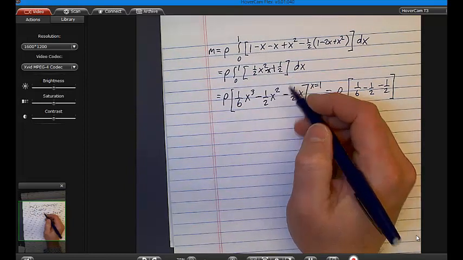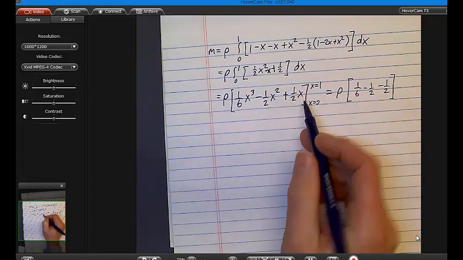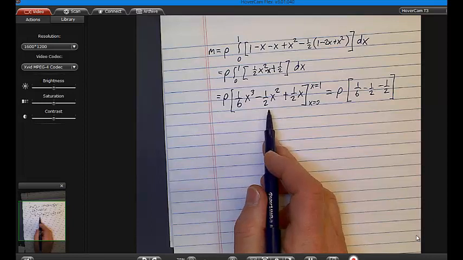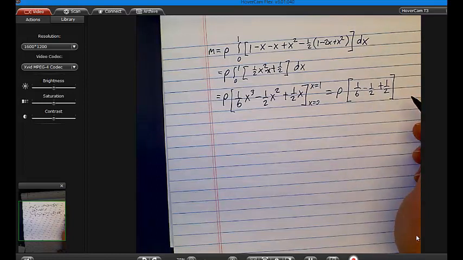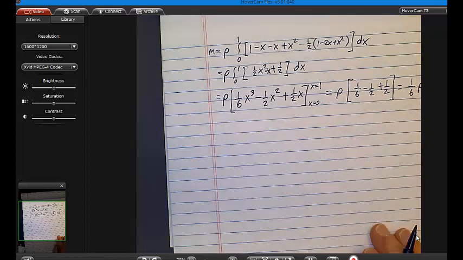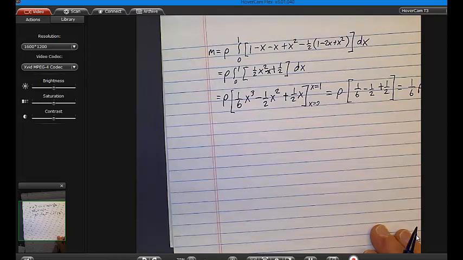I agree. So this is a positive 1/2 x, but this is a minus 1/2 x squared. And that makes this a positive 1/2. Is that better? So the mass is 1/6 of rho. Okay, I like that. So that's the mass.